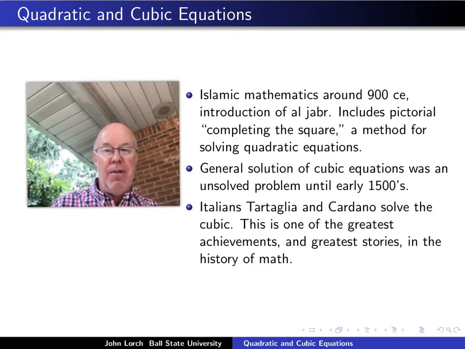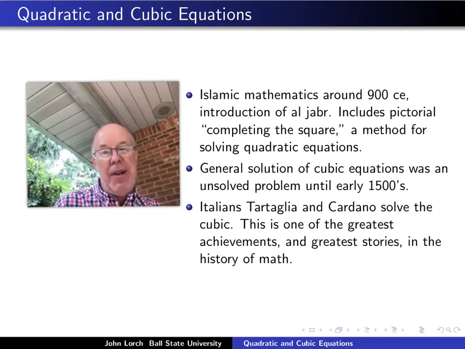In particular, Al-Khwarizmi and his colleagues, for instance, Ibn Turk, used a geometric method involving honest-to-goodness squares to solve quadratic equations. And it's from their work that we get the term completing the square. So that was an important event in the solution of quadratic equations.